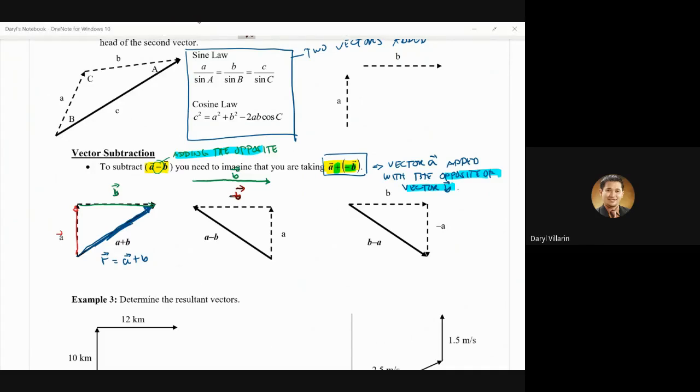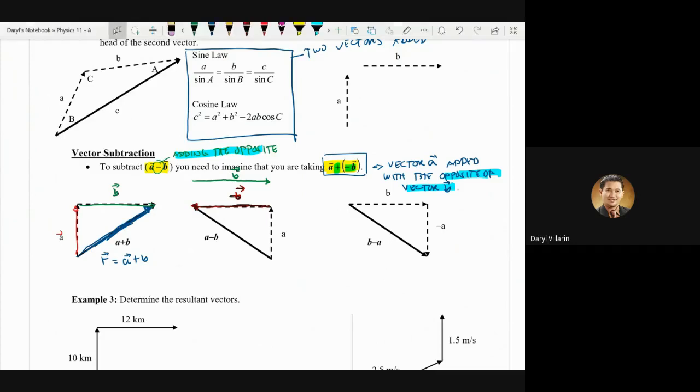That is why its length would be the same, but the direction is 180 degrees apart from the original vector B.